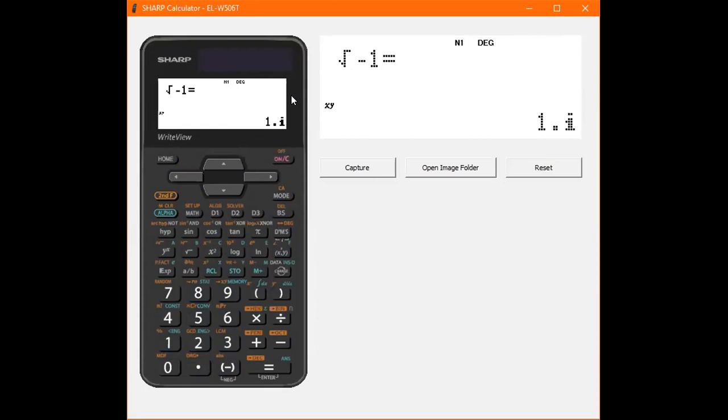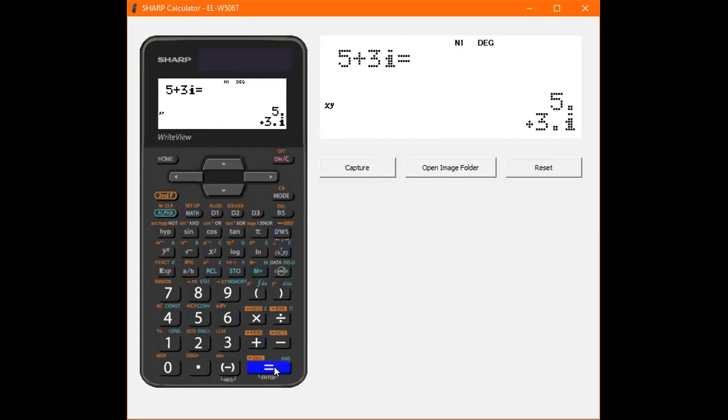Now for complex numbers, it's quite straightforward. You'll see on the side here, you've got x, y, and that just says that you are using rectangular coordinates in your calculation. In other words, you're using an i value. So we could say 5 plus 3i.